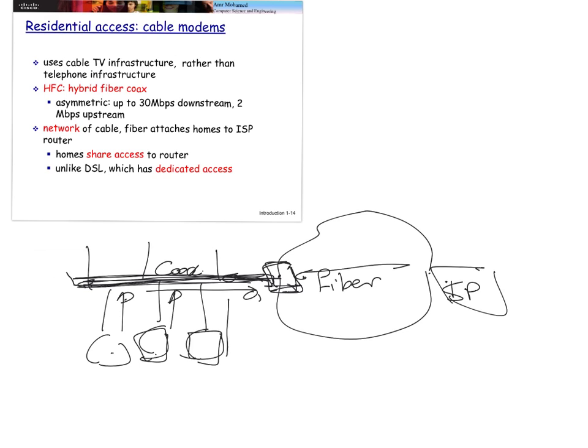So the good thing about TV networks is that the data rates are higher, okay? And that's what we used to hear in their ads, that cable TV can get you a speed of, you know, like 20 megabits per second or something like this. And that's true, except that you're not the only one who's using that network. Unlike the telephone network, which uses a dedicated line, this one uses a shared coaxial.